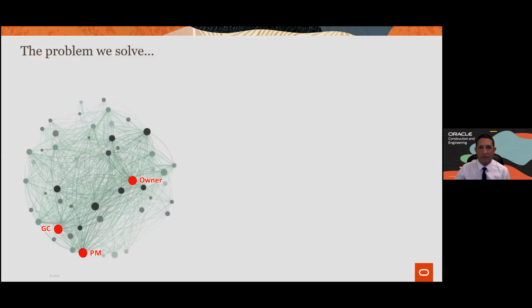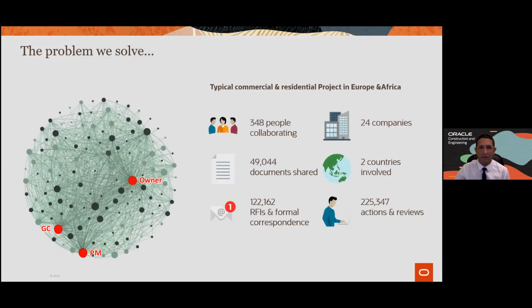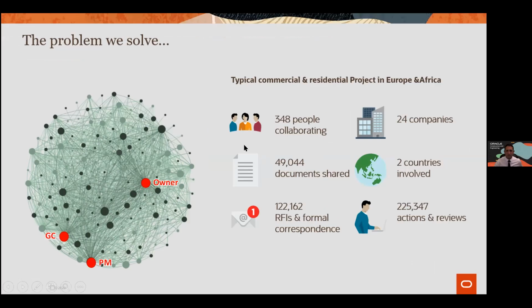Very simply, if you were to look at this building as a backdrop in your mind, you'll find that it takes many organizations to deliver this kind of project. What we've seen in our system is that for such a size of a project, we are looking at 348 people collaborating. In terms of documents shared across these companies and participants, we are looking at 49,000 documents.